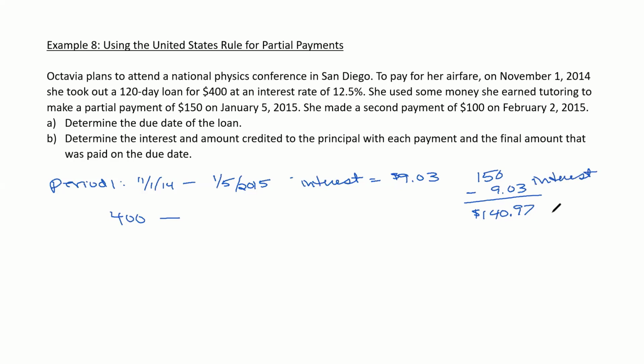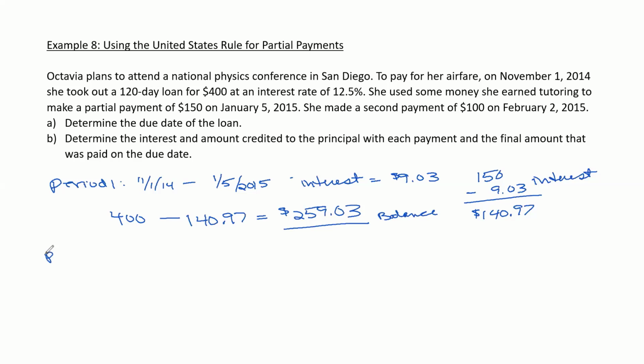Whatever's left gets to be taken off the principal, 140.97. So the banker's rule tells us we subtract that 140.97 and get 259.03. So this is her balance after the first payment is made.